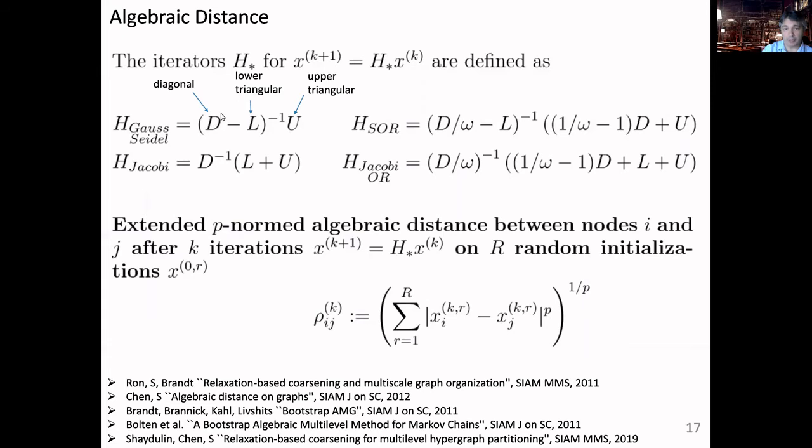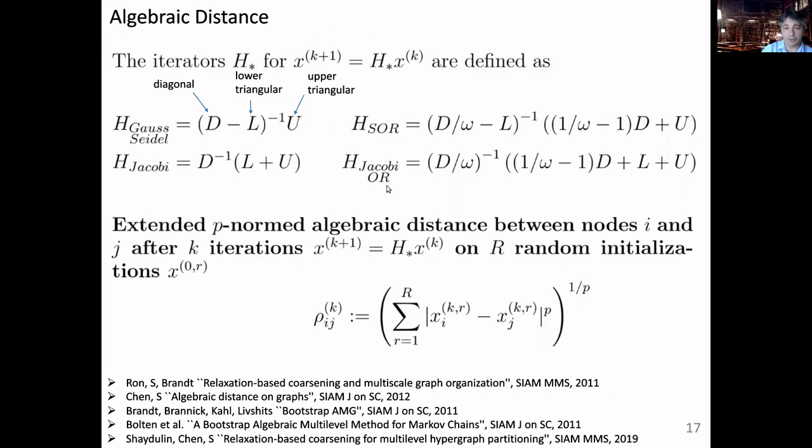That's the diagonal part of the graph Laplacian. This is the lower triangular part. This is the upper triangular part of the Laplacian. And each iterator is used in this form. So the iterator matrix times some vector of values per node, and the next iteration would look like this.